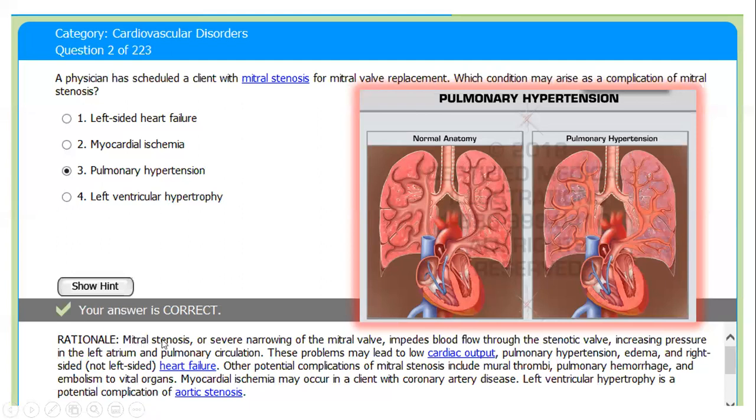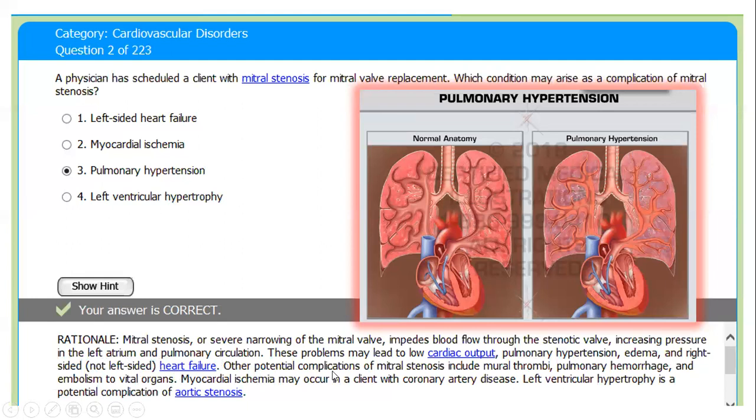Rationally said, mitral stenosis, or severe narrowing of the mitral valve, impedes the blood flow through the stenotic valve, increasing the pressure in the left atrium and pulmonary circulation. These problems may lead to low cardiac output, pulmonary hypertension, edema, and right side heart failure.